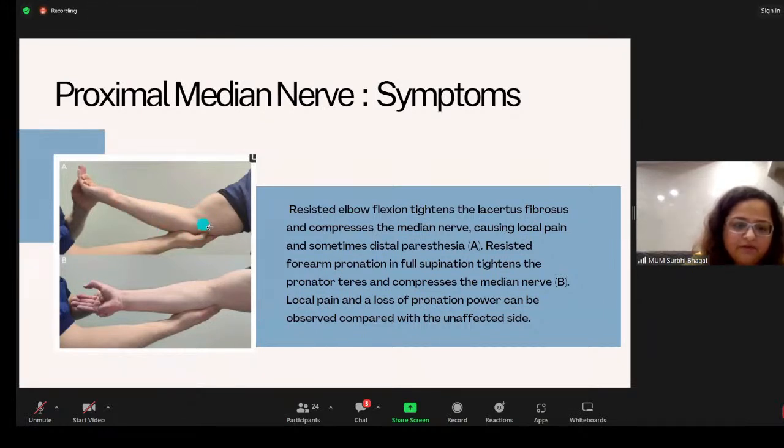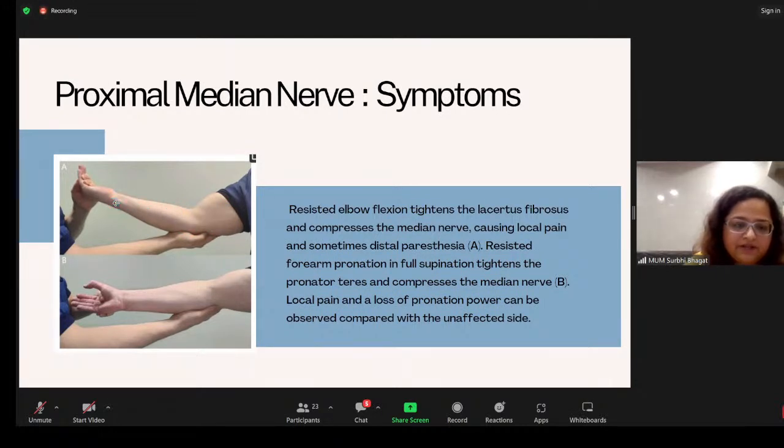So the first one above here, A, is for lacertus fibrosus. What you do is, the elbow is flexed and you resist elbow flexion, which tightens the lacertus fibrosus here. As the biceps contracts, the bicipital aponeurosis tightens, and you'll get a distal paresthesia.